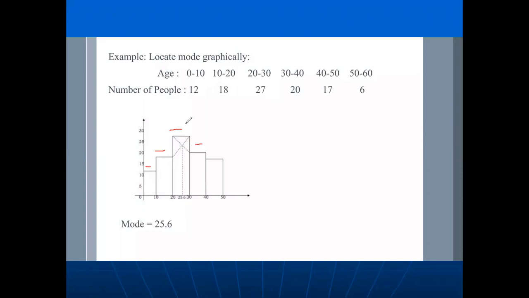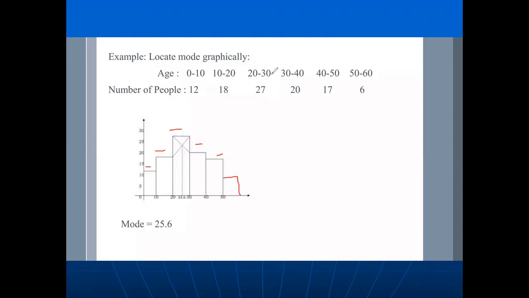Then 40 to 50 is 17. I think 50 to 60 is missing here. That will be 6, so it will be somewhere here. So that will be 50 to 60.